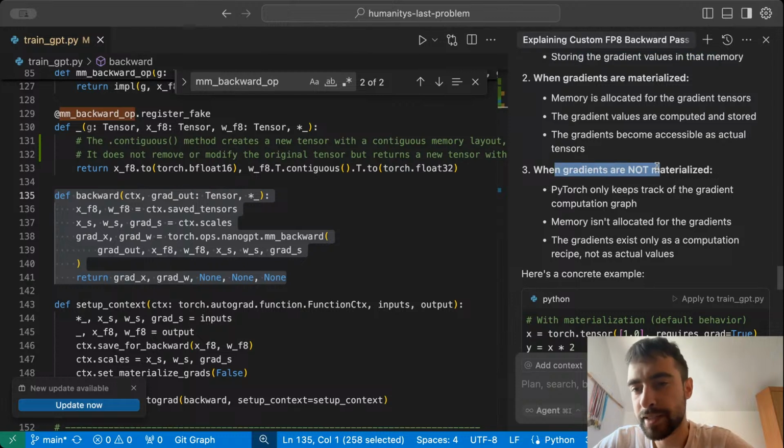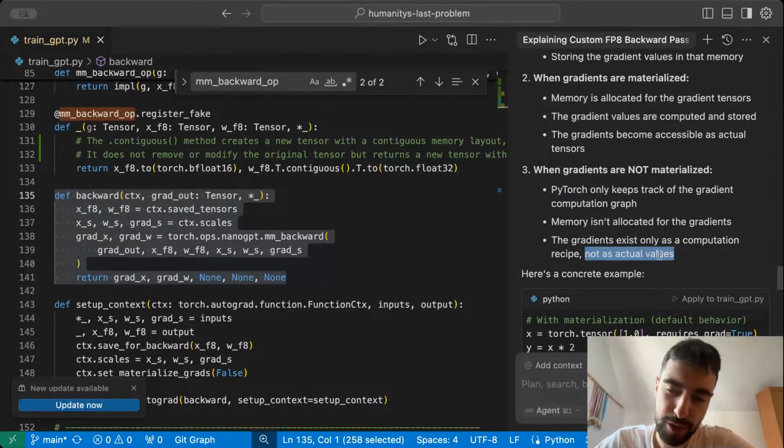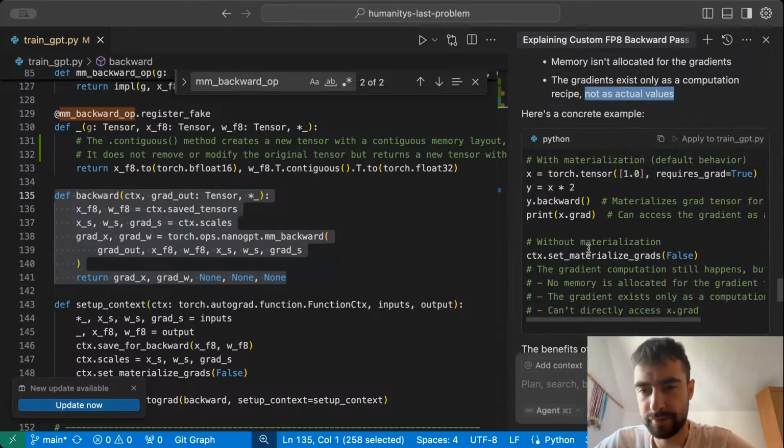So when gradients are not materialized, PyTorch only keeps track of the gradient computation graph, but not the gradient. It's just how the gradient was computed, but not the gradient itself. Memory isn't allocated for the gradients. The gradients exist only as a computation recipe, not as factual values, so only the graph.